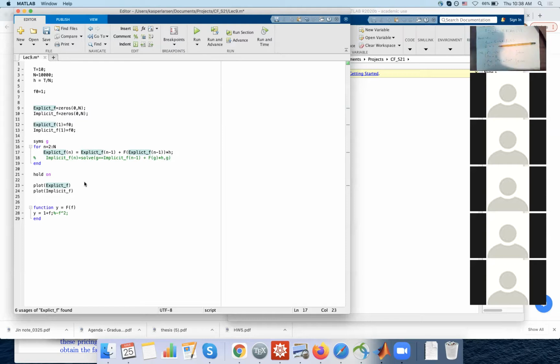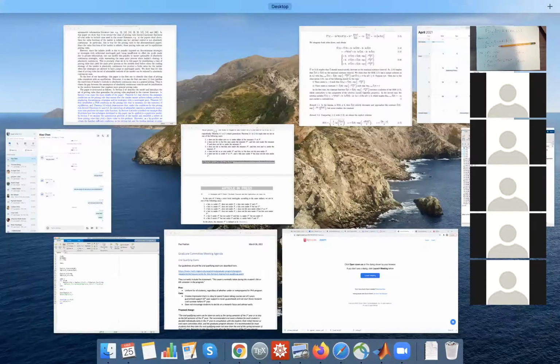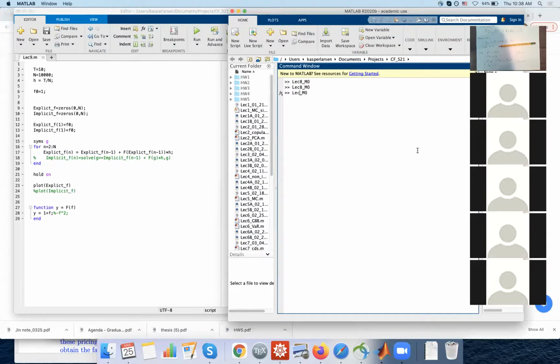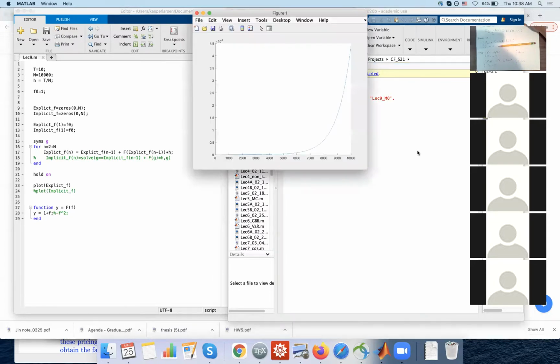If I do that, I'll get a sequence of points, and in this case it'll give me an approximation to the exponential function.